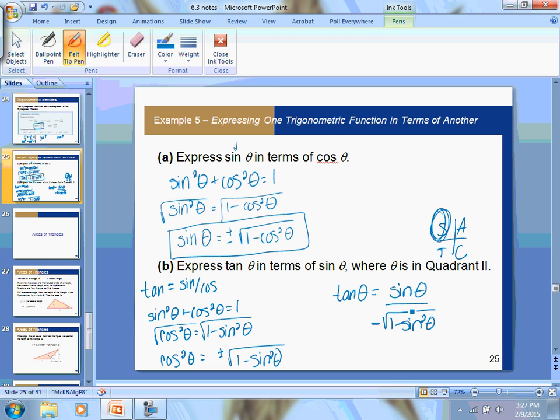Because technically my denominator is still cosine. I've just solved it so that it's in terms of sine. Okay? So I know sine is positive in the second quadrant, but really this is for tangent as well. So tangent needs to be negative too. So if I put a negative here, that's going to make that whole expression negative, which still follows the rules for signage in quadrant 2.